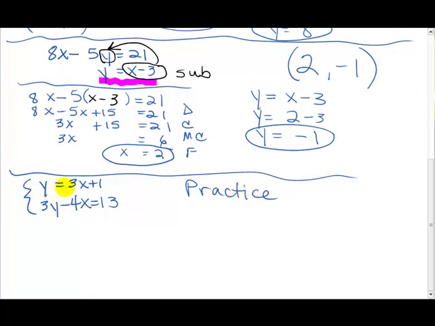Here you have y equals 3x plus 1. So that's going to be your substitute for the y in the other equation. So go ahead and freeze this so you can practice on your own and then check your work.